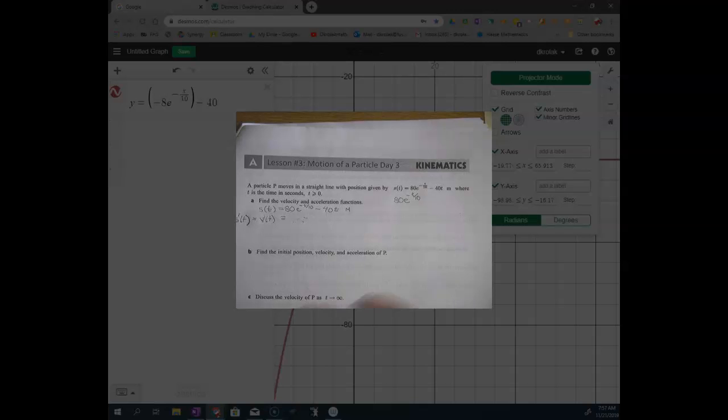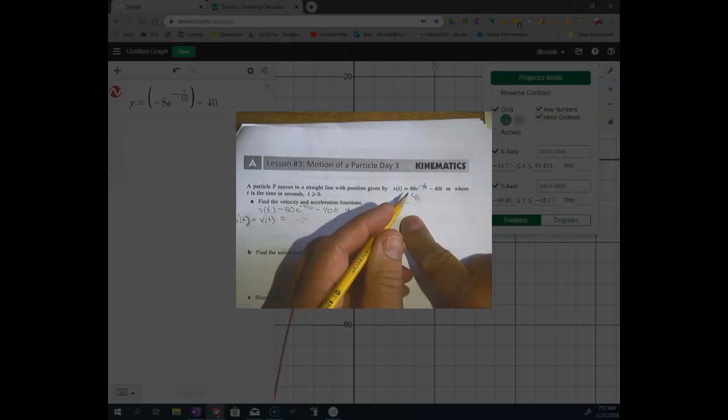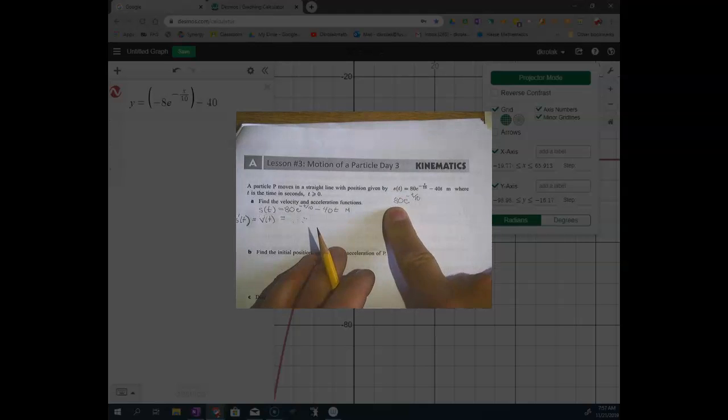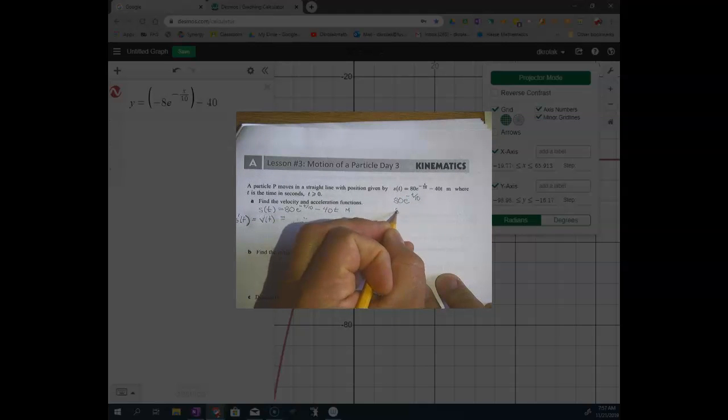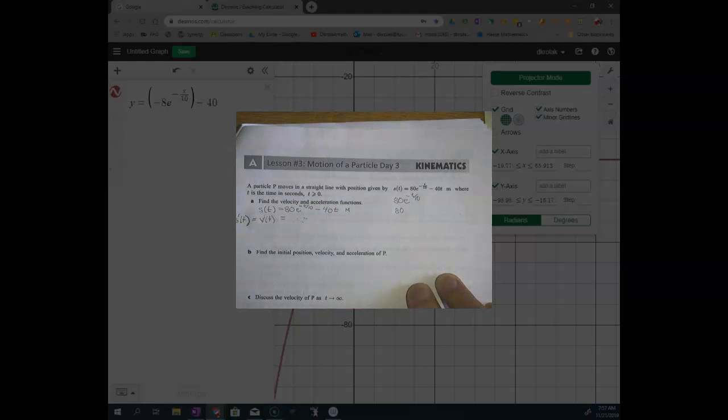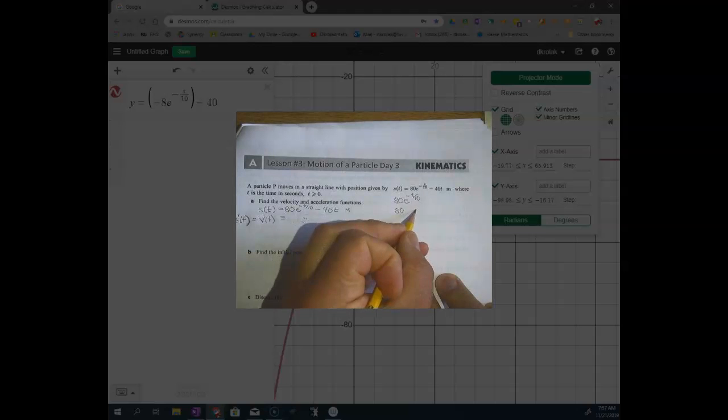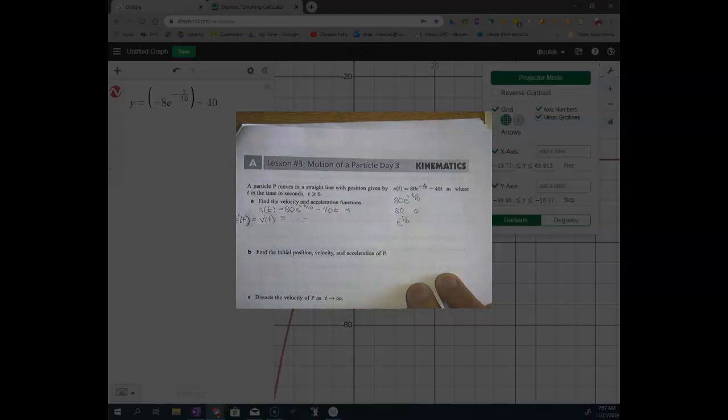Now when we're doing the derivative of this, you could be using your product rule. So you got the derivative of 80, which is 0, and now we got to do the derivative of e to the negative t over 10.